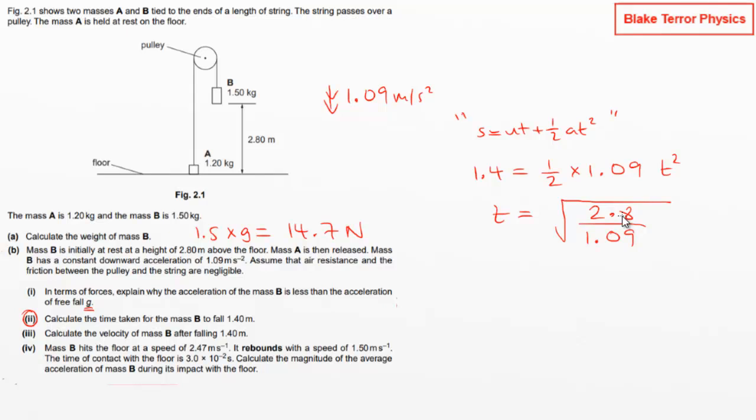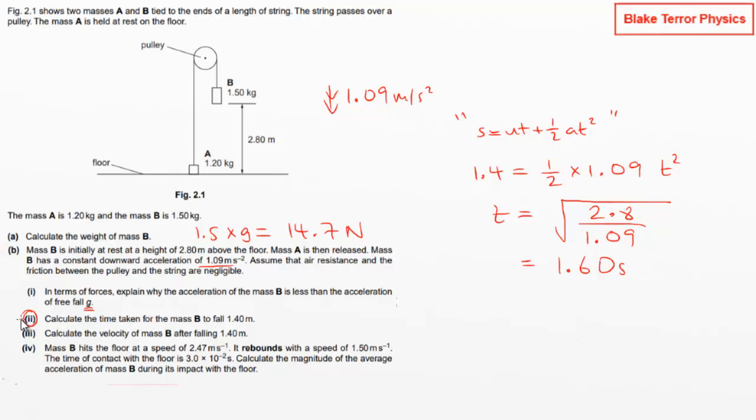So it's going to come out around about 1.6 when we square root it. 1.60 and then bits. So 1.60 seconds. Let's keep everything on 3 significant figures as they've done it again there.